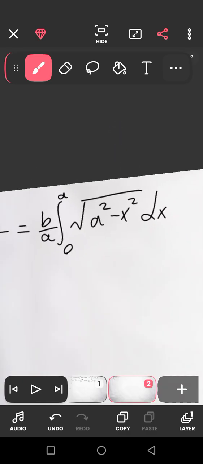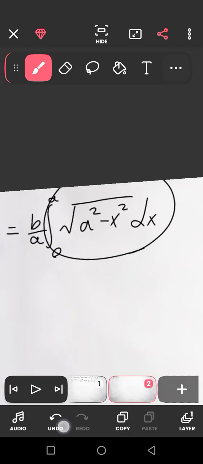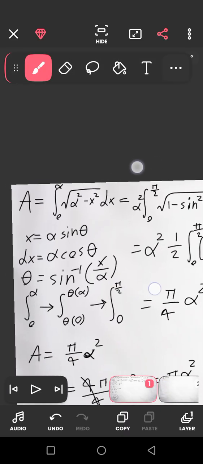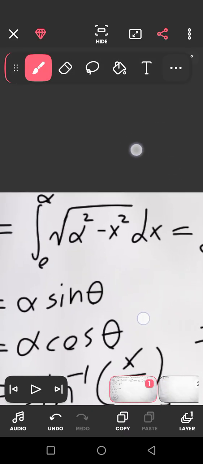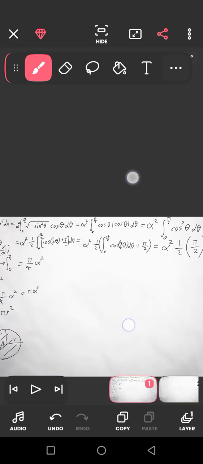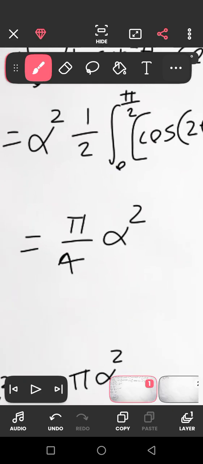Oh, I already have done this integral before. Look: the integral from 0 to a of the square root of a squared minus x squared dx, I got as pi by 4 a squared.